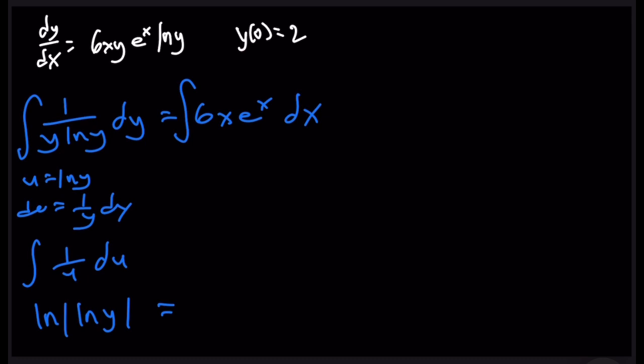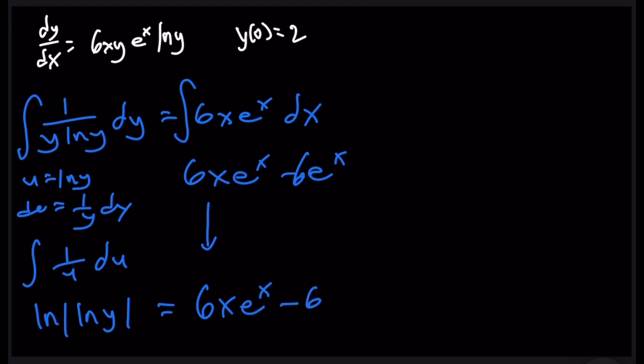And then on this side, we can do integral by parts, and this will just get you to 6x e to the x minus 6e to the x. So from there, I'll just drop this down. We're going to get 6x e to the x minus 6e to the x, and from there, we're going to add our plus c here.